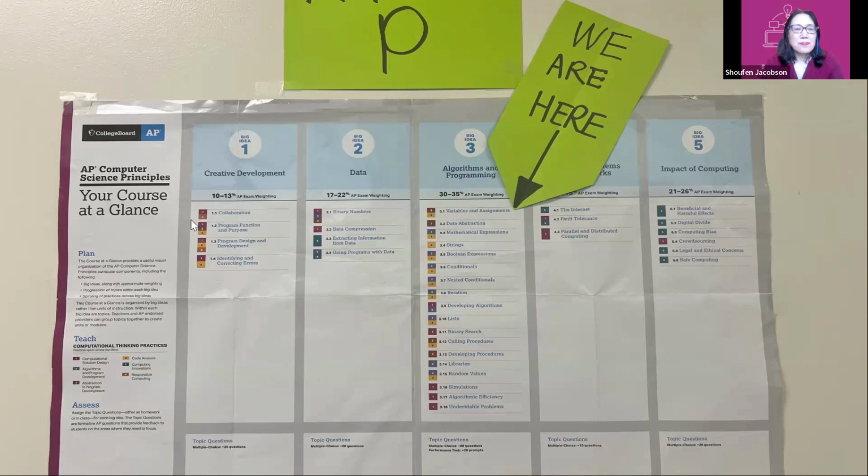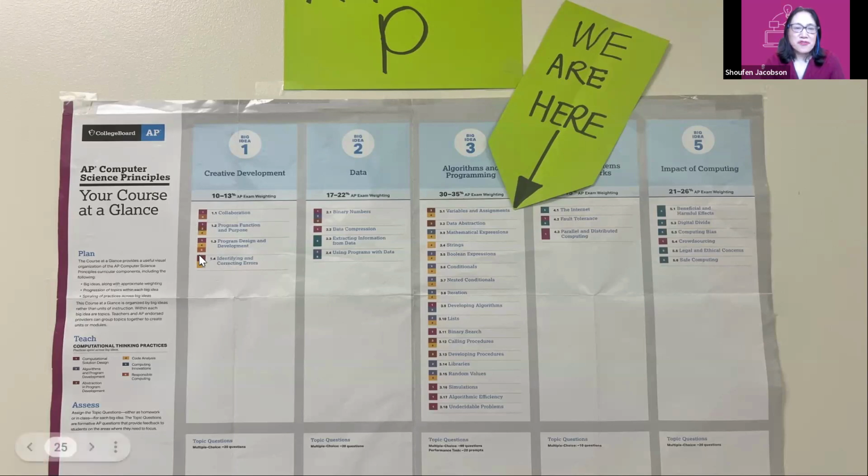If you look at 1.2 and 1.3, that's the purpose, design, and documentation. That is row 3 of the Create task. That's one of the written response questions the kids have to deal with during the AP exam. That's row 3.